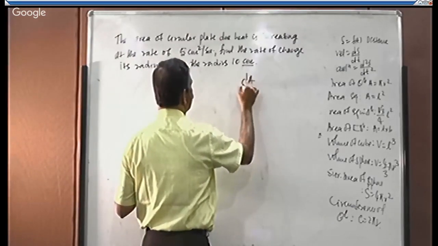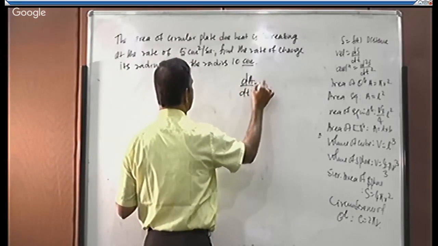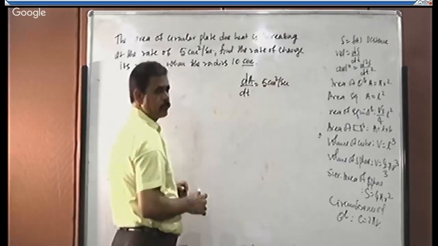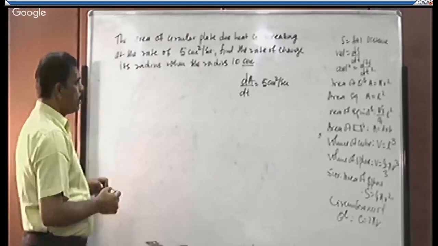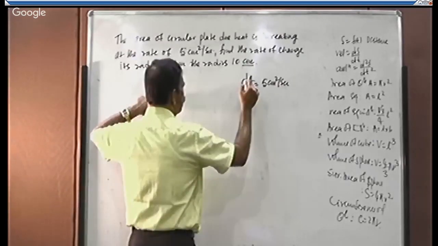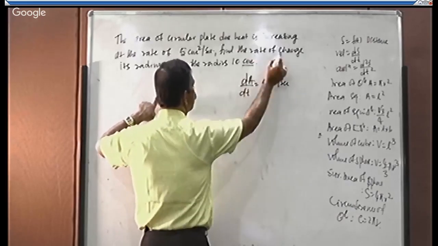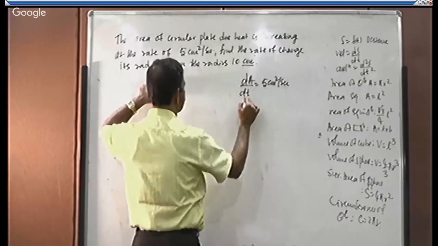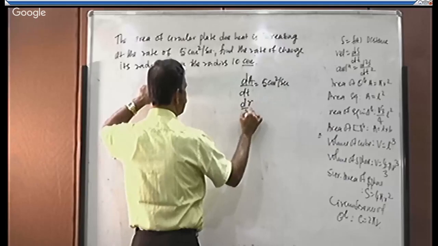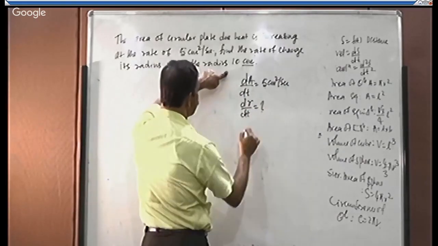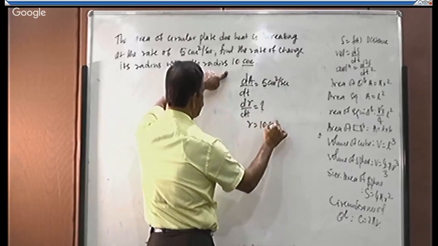Means dA by dt is 5 centimeters square per second, right? When the area is increasing at this rate, what will be the rate of increase of its radius? Means dr by dt is how much? At the radius r is equal to 10 centimeter.